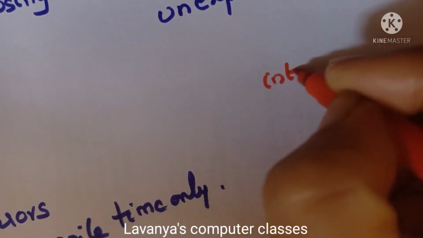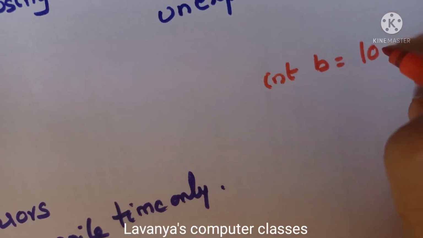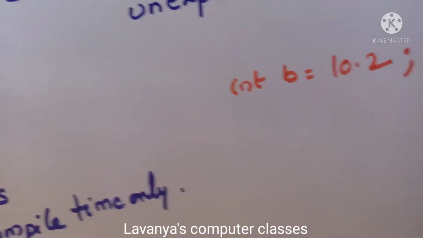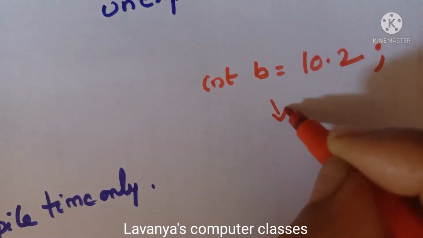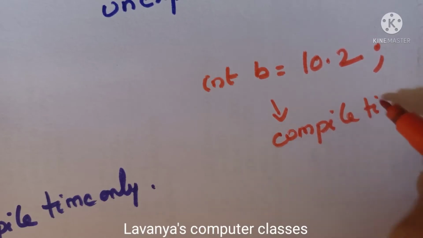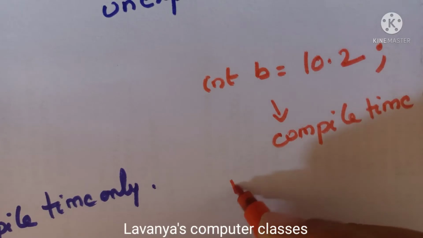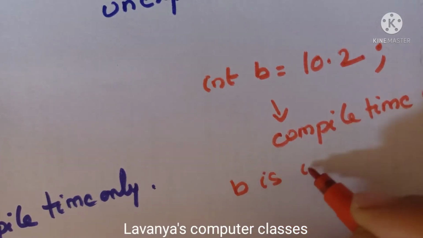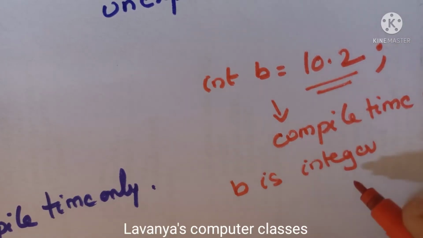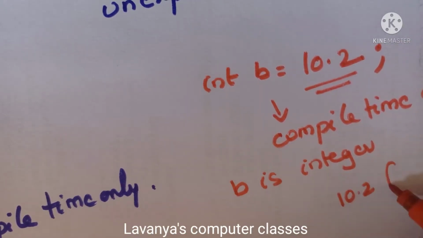And the second example, int b = 10.2. Here b is a variable, and the semicolon is there. But this line also gives an error, because it is also a compile time error. The semicolon and variable declaration are there, and I assigned a value, but b is an integer data type. Integer data type takes only integer values, but here a floating value is mentioned.